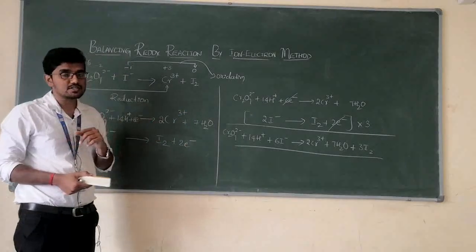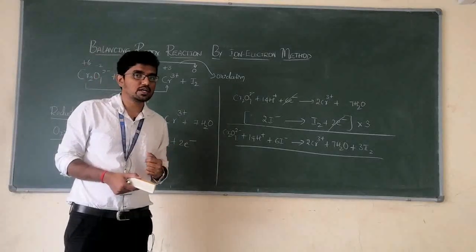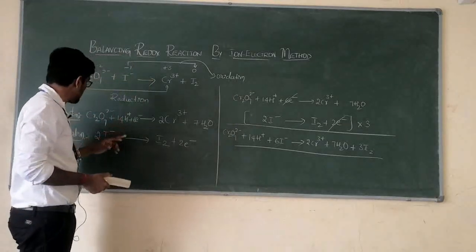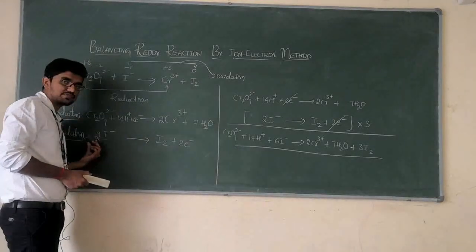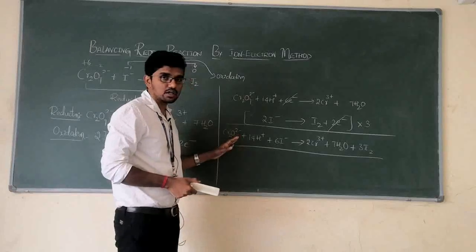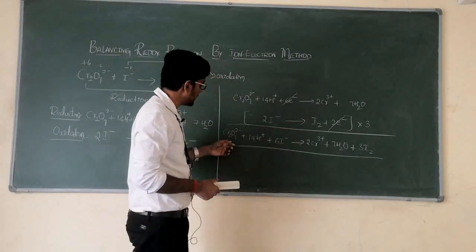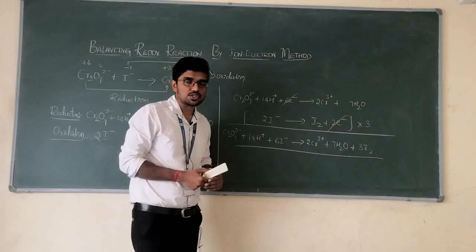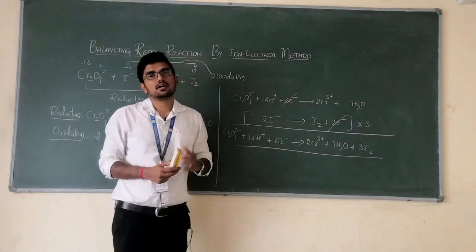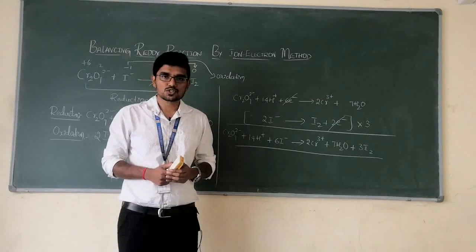We balance hydrogen by adding H+ ions on the deficient side. Similarly the oxidation half reaction is balanced. After balancing, we add the equations by equalizing the electrons, and finally we get a balanced equation. This is how we balance a redox reaction by the ion-electron method. Hope you understood. Thank you.